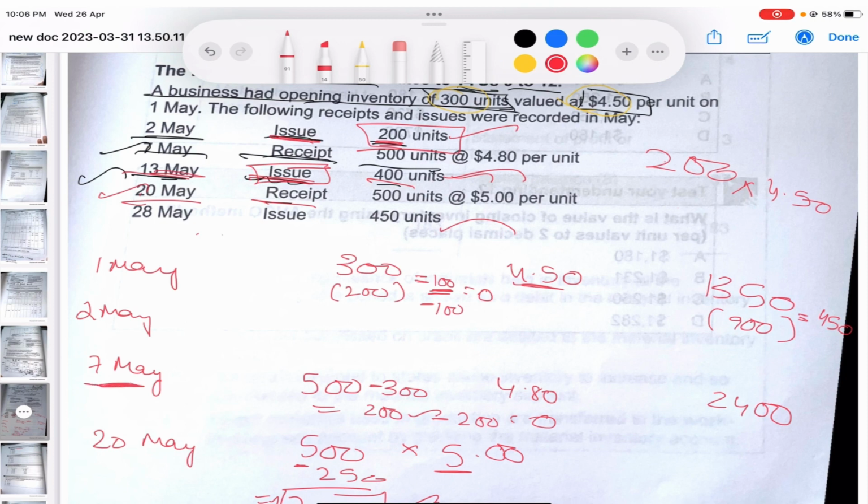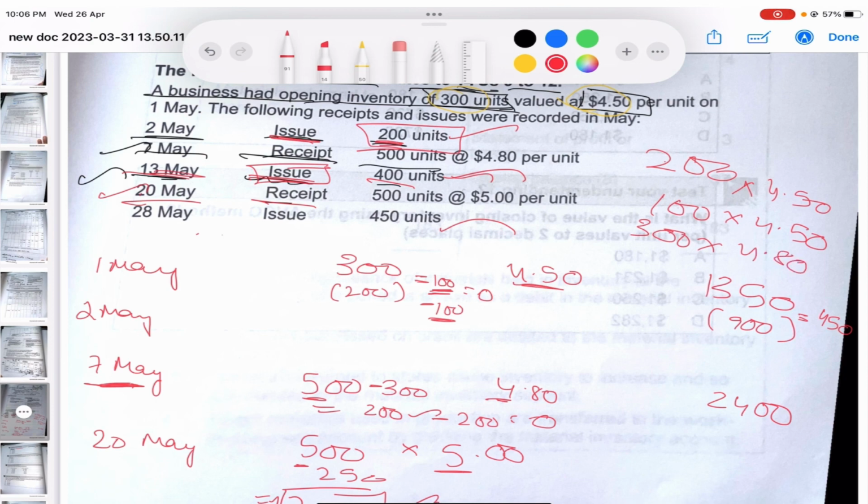So first 100 minused from here, 100 multiplied by 4.5. After that, my 300 I minused from here, multiplied by 4.80.